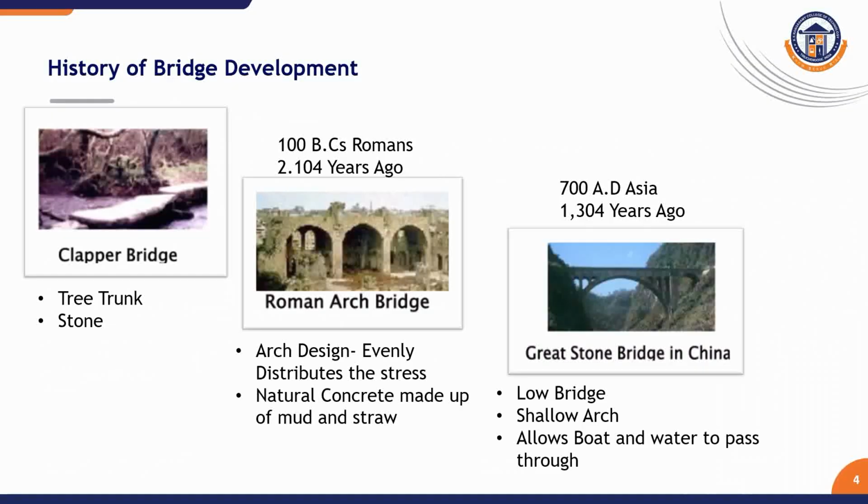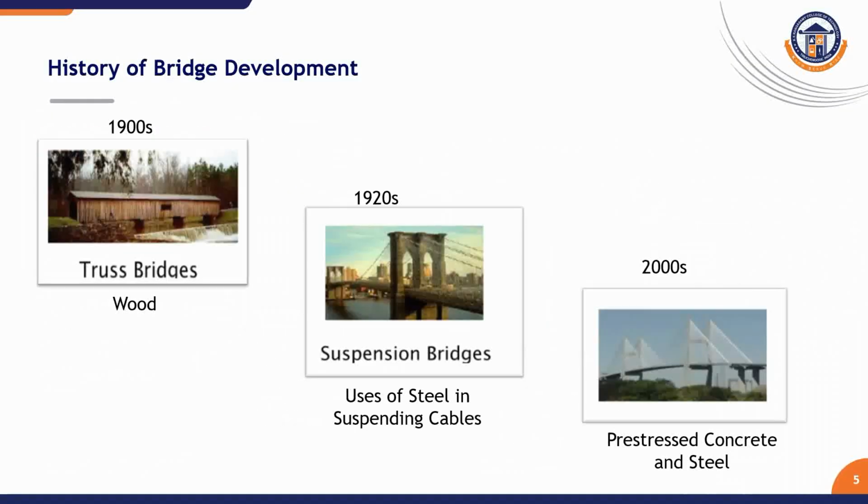In Asia, around 700 AD, long arch bridges allowed water and boats to pass underneath. Fast forward to the 1900s, we saw the use of wood, followed by steel in the 1920s. By the 2000s, we began using prestressed concrete, using steel and materials that revolutionized bridge construction.